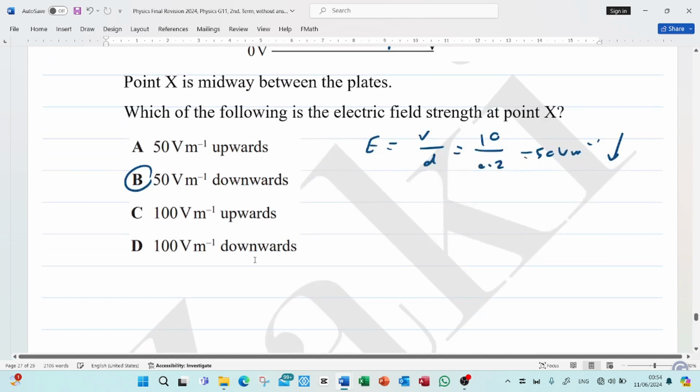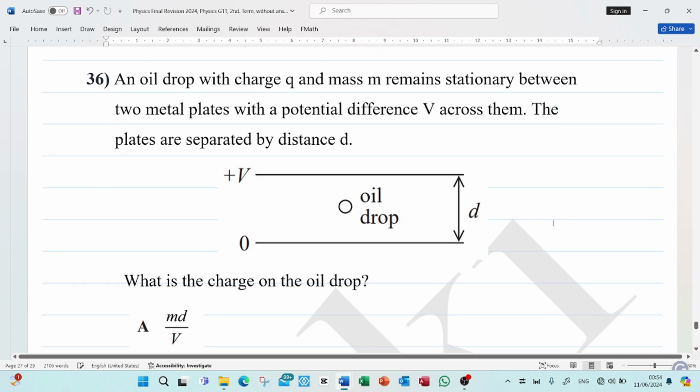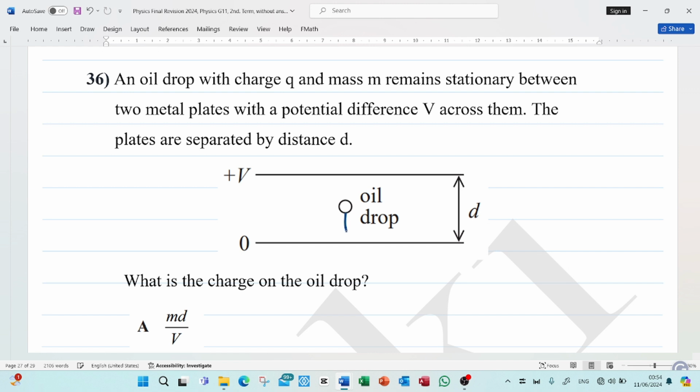Next question. In that one, what is the charge on the oil? Of course, we have two forces because the oil has mass M. The weight acts downwards, mg, and the electrostatic force is F. They are equal. So F equals mg.